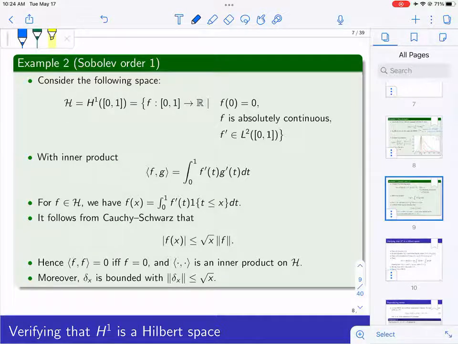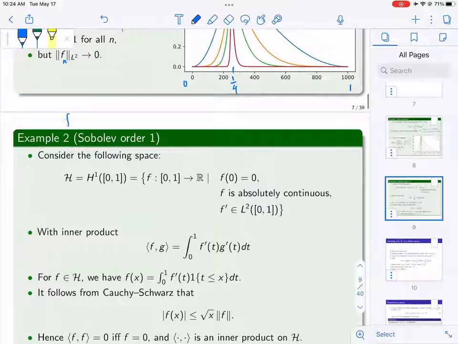So if f is 0 at 0 and absolutely continuous, then the derivative exists almost everywhere, and moreover, f can be written as the integral of f prime plus a constant.